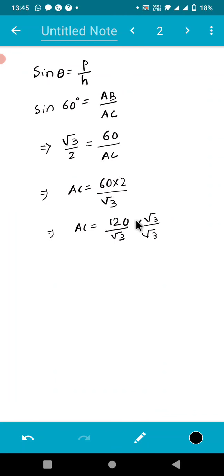So after rationalizing the denominator, it will look like 120 into root 3 by 3, as root 3 into root 3 is 3. Now we'll reduce this 120 with 3, so 3 ones are 3, 3 40s are 120, so your required answer is 40 root 3 meter. So this is AC. And what is AC? The length of the string, isn't it?